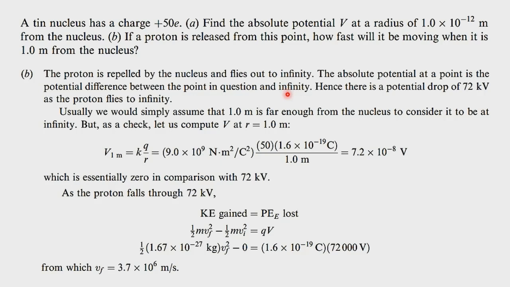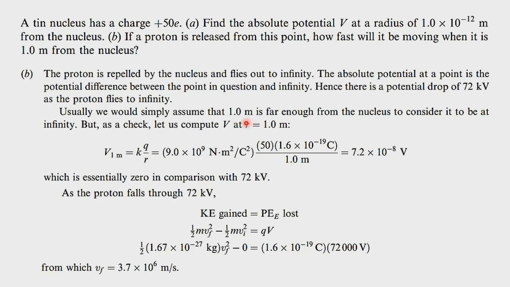But we have to remember that earlier, when we were solving for the proton within the nucleus, we were able to generate 72 kilovolts. Since our proton will be moving from that nucleus to infinity, we would simply assume that our infinity is at 1 meter.